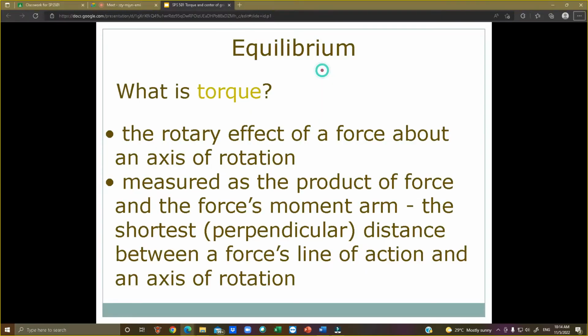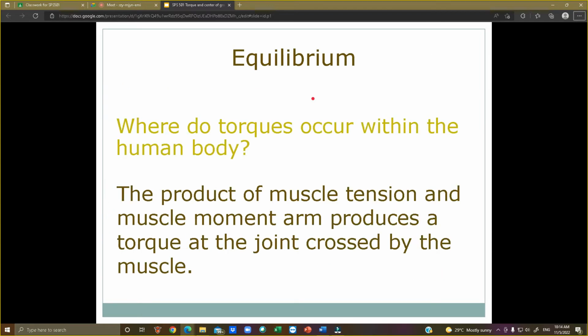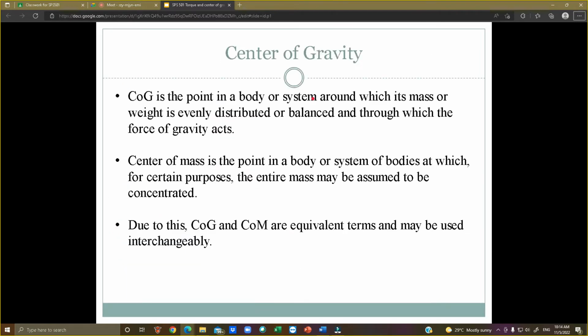Quite good one. Okay, kalau kamu tengok dekat sini, saya rasa saya dah bagi penerangan ni. Sekejap. We go to center of gravity. Look, center of gravity is the point in the body or system around which its mass or weight is evenly distributed. Betul lah jawapan kamu tadi. That is center of gravity. The second term is center of mass.